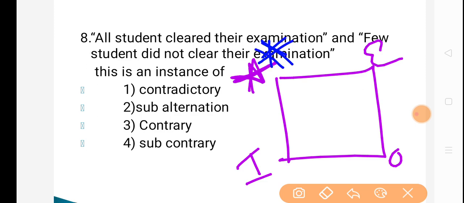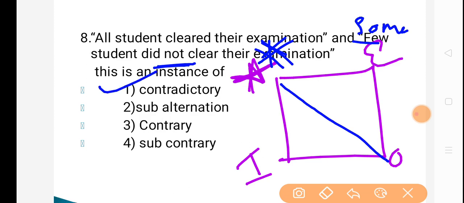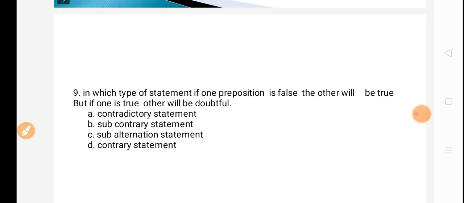Few students did not clear their examination. Few students means some, and also here not, so it is some not. So between these both, the relation between A and O is the contradictory relation. Okay, we can move toward the next question.